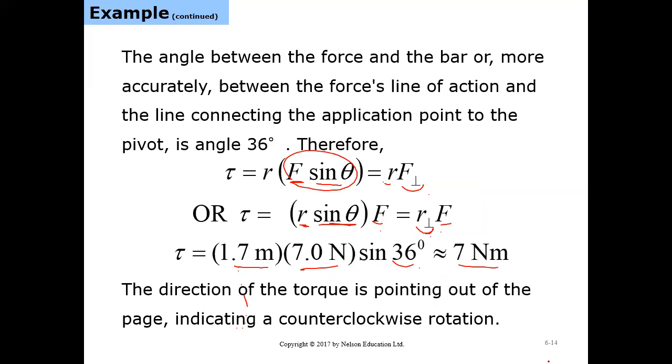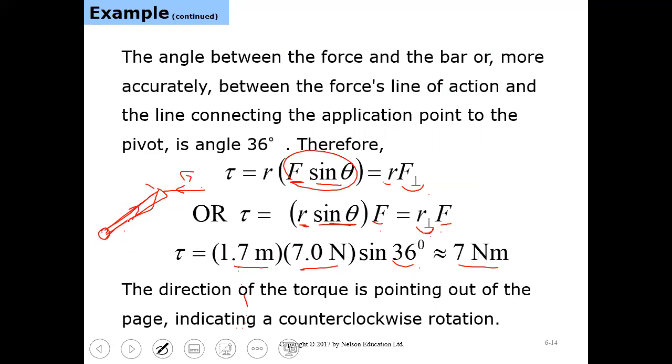Torque has a magnitude, and it also has a direction. It will be either counterclockwise or clockwise. So we have only two directions. Now, for this particular one, we had it like this, right? The force is acting like this. And this is your R. So what direction will it turn this if you push it like that?